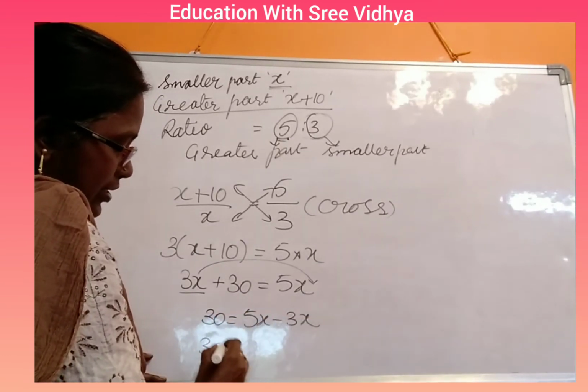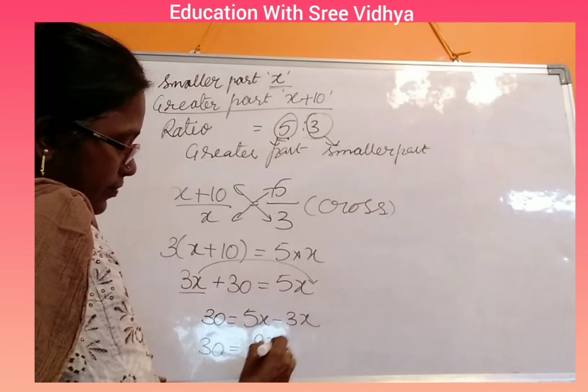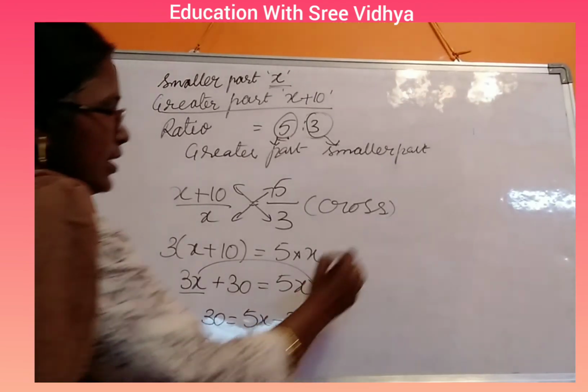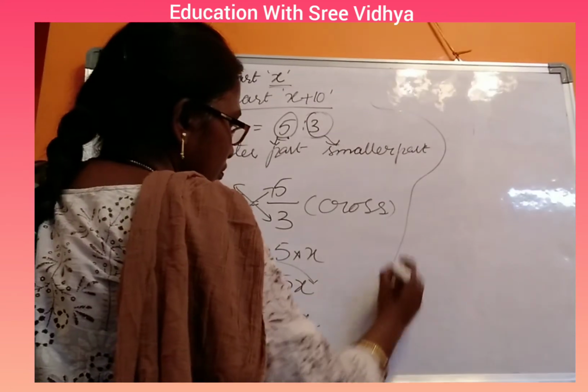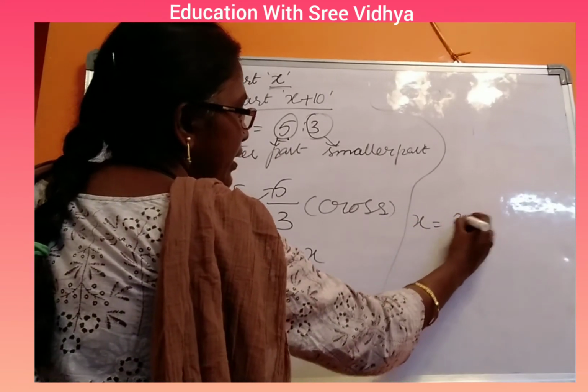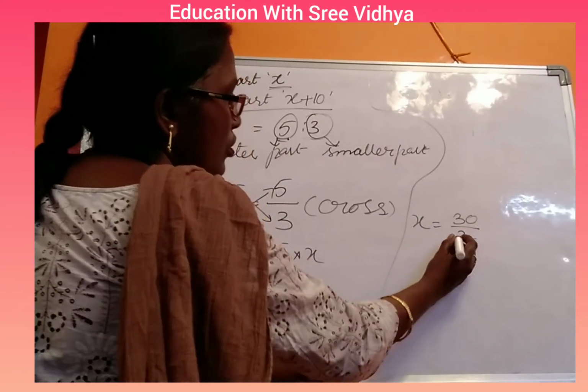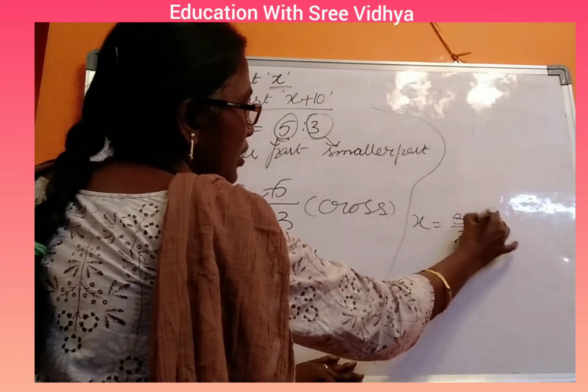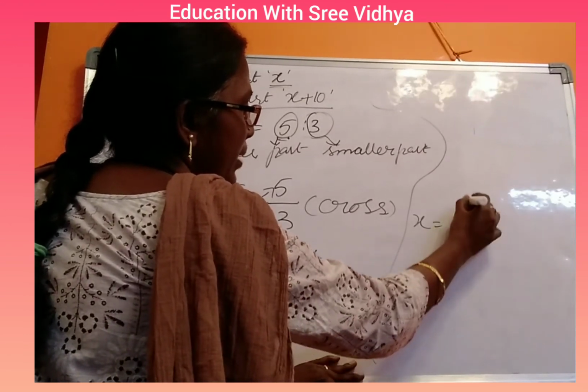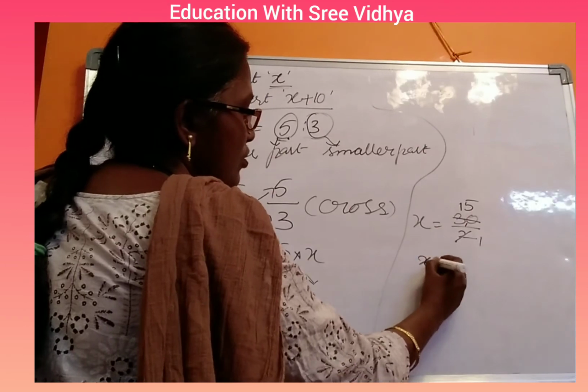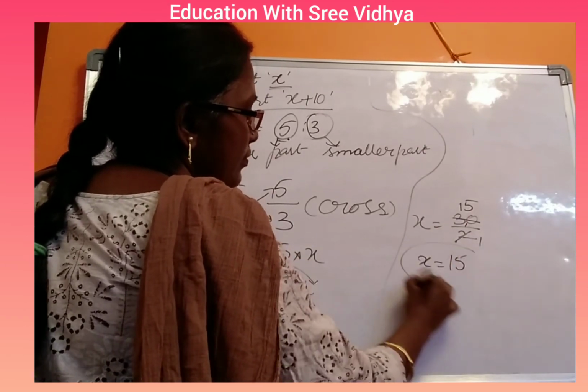So 5 minus 3 is 2X. Now X is equal to 30 divided by 2, which is 15, children.